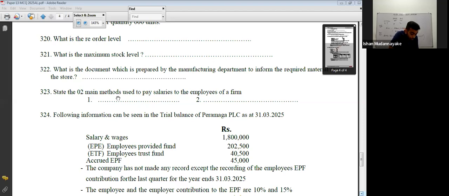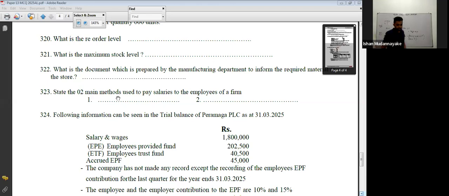The first is time based salary, and the second is production based salary. Time based salary and production based salary.